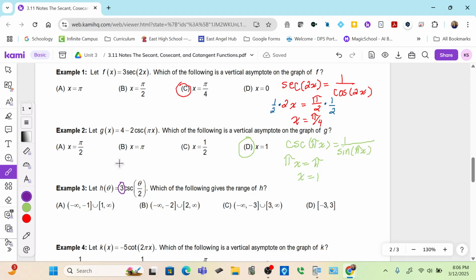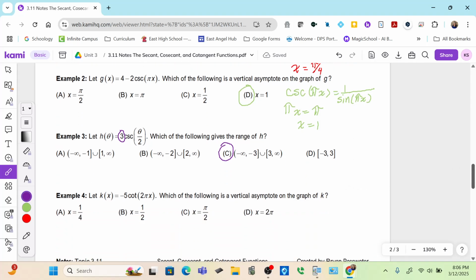That would take us to a maximum of 3 and a minimum of negative 3. But again, cosecant doesn't use the values in between negative 3 and 3. So when I look at my options here and I know my amplitude is 3, I'm choosing option C because that amplitude has been stretched.